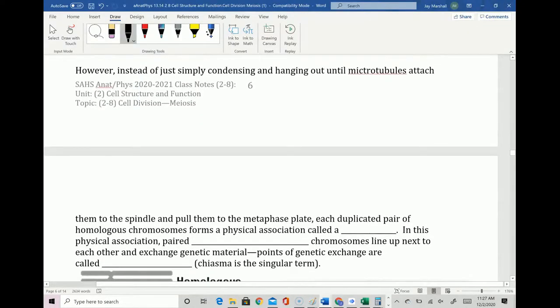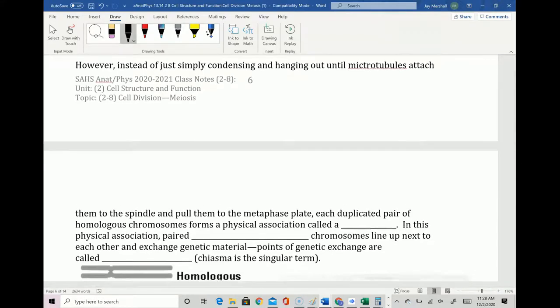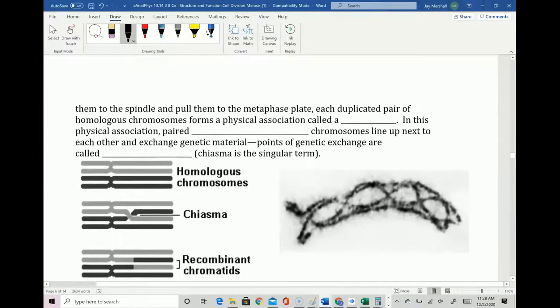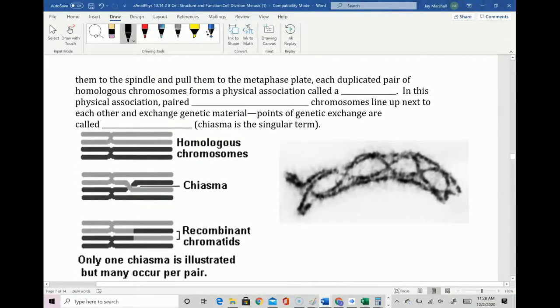But ultrastructurally, things are a little bit different. Instead of just simply condensing and hanging out until I'm ready to go as in mitosis, each duplicated pair of homologous chromosomes forms a physical association.